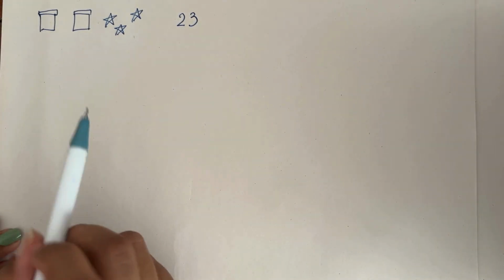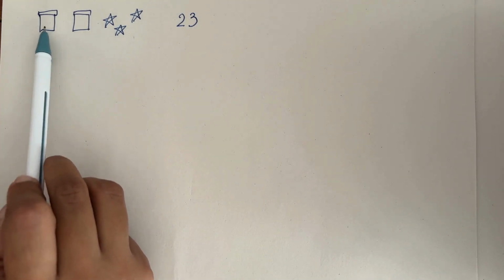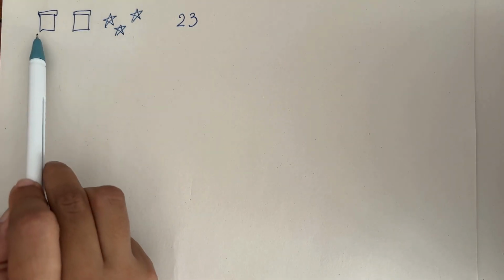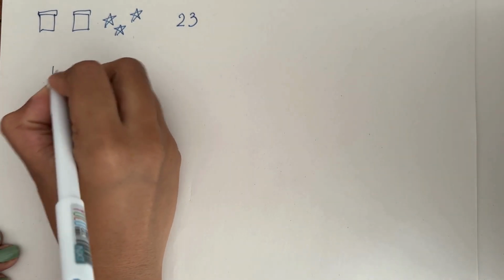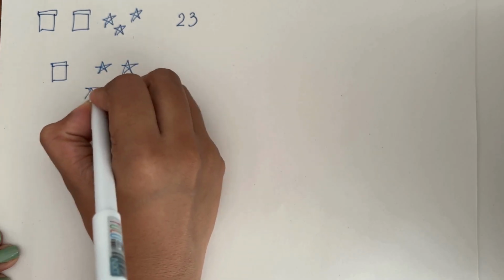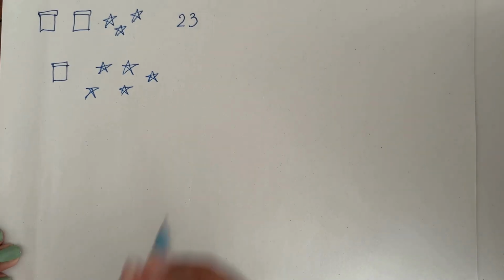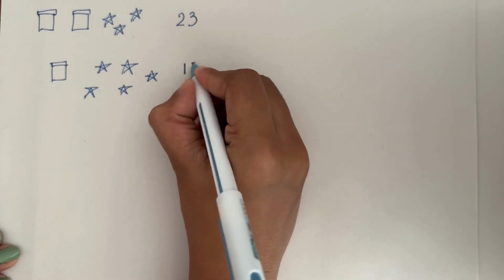Altogether we have 23 stars, because we have 10 stars in this box, 10 stars in this box, and here we have 3 single stars. 2 tens and 3 single stars. So what if we have 1 box of tens and 5 single stars?